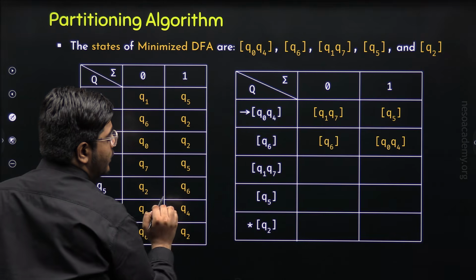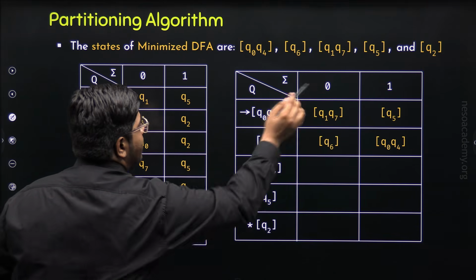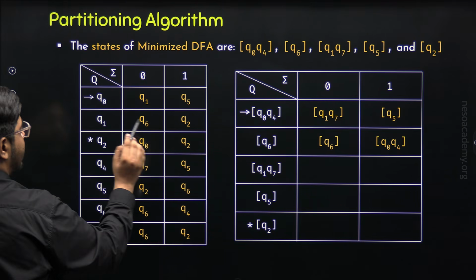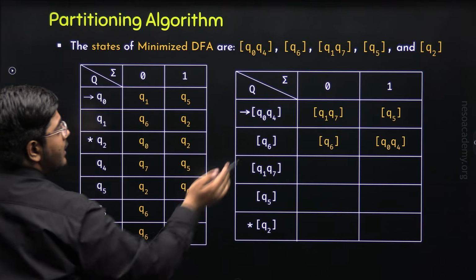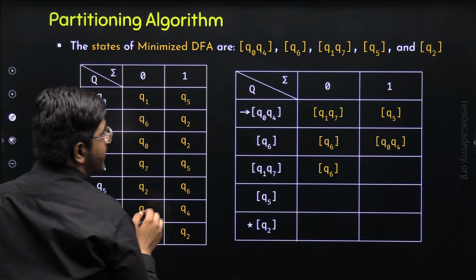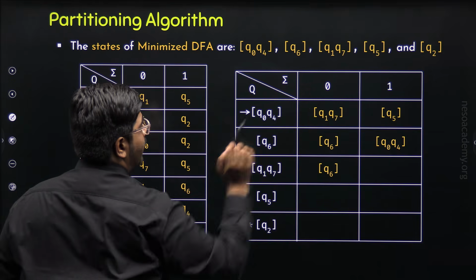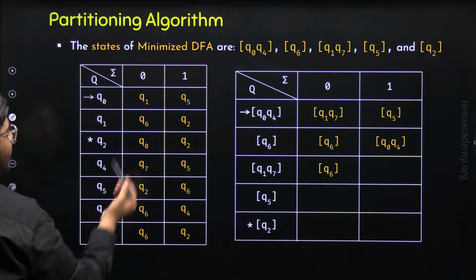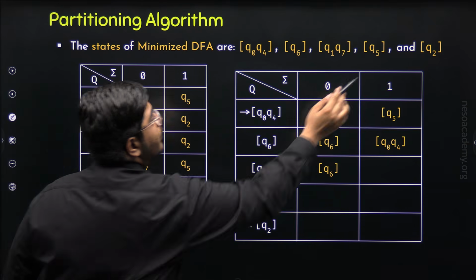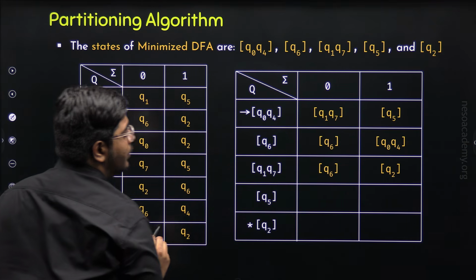Now let's check Q1, Q7. Q1, Q7 on 0 gives Q6, Q6, and Q6 is a state, this one, so we can write Q6. Now Q1, Q7 on 1 gives Q2, Q2. Q2 is a state, so we can write Q2.